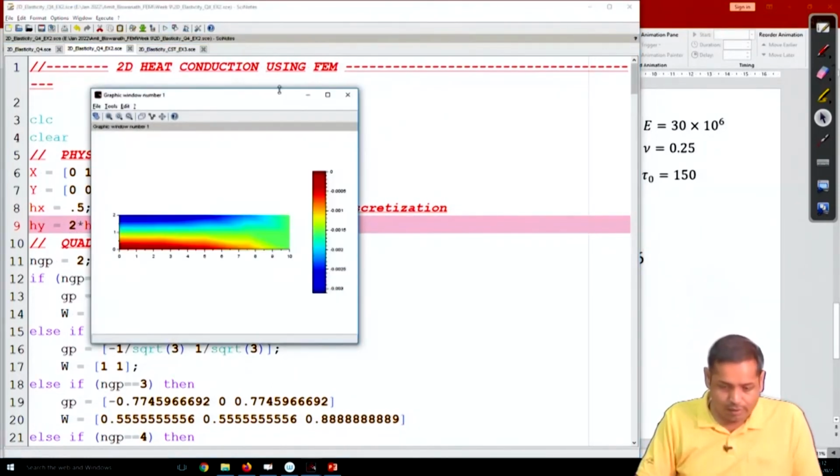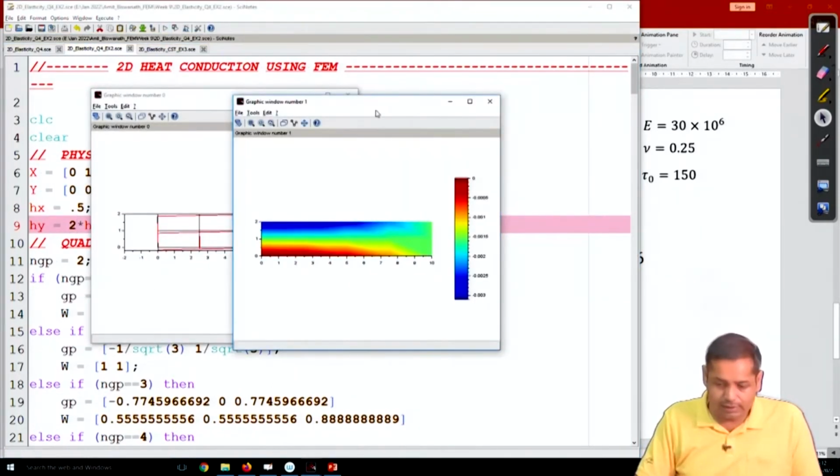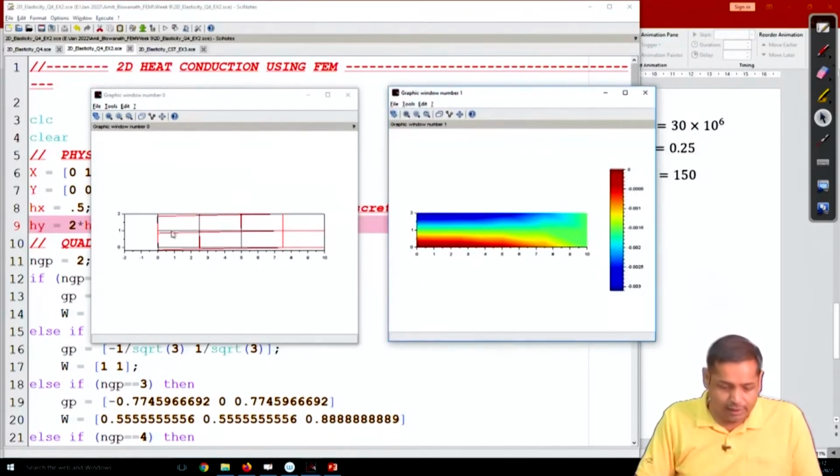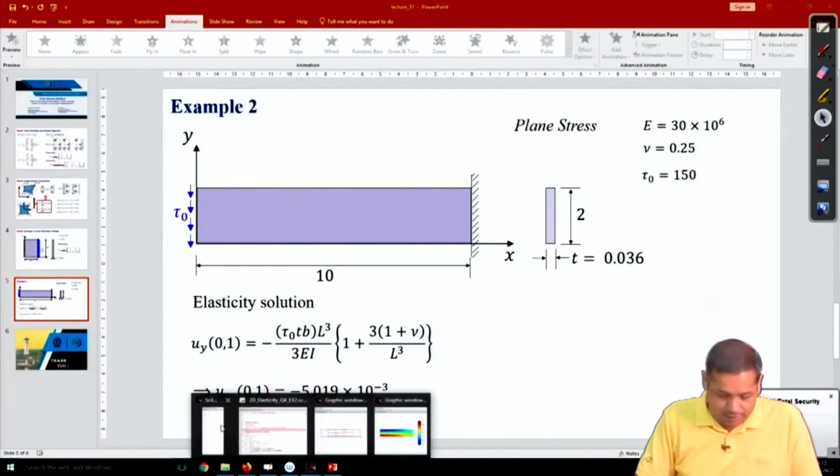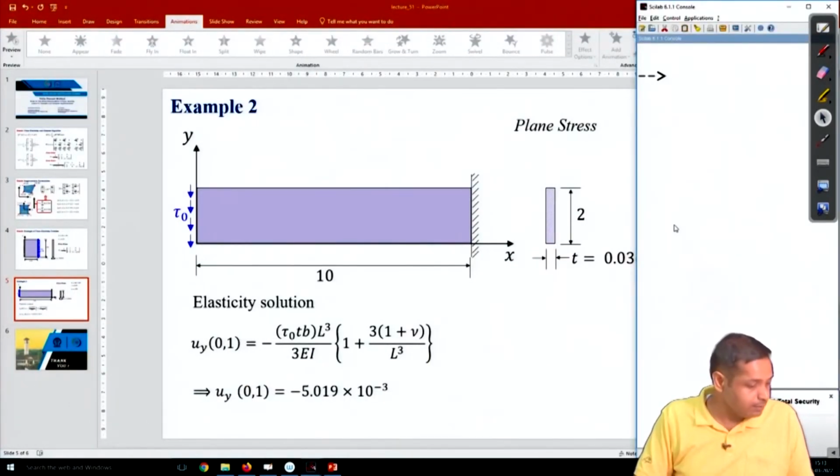So this is the discretization, red is the deflected shape, and this is the contour plot of probably ux. Let's see what results we have.